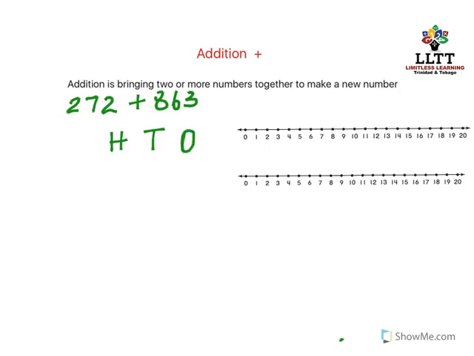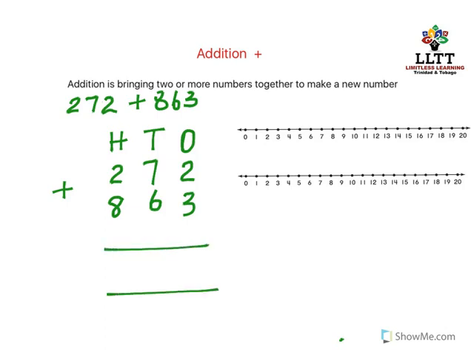Okay? I'm putting my numbers. 272 is 2 hundreds, 7 tens, and 2 ones. 863 is 8 hundreds, 6 tens, and 3 ones. I'm putting my addition sign on the outside, and then of course I'm putting my equal sign.